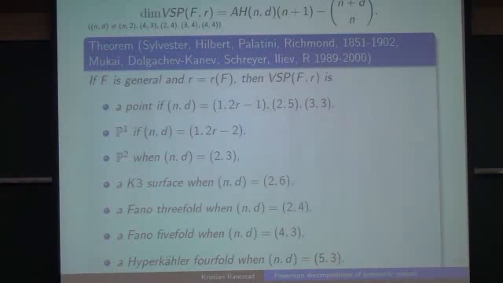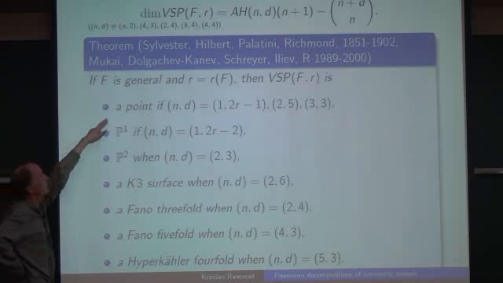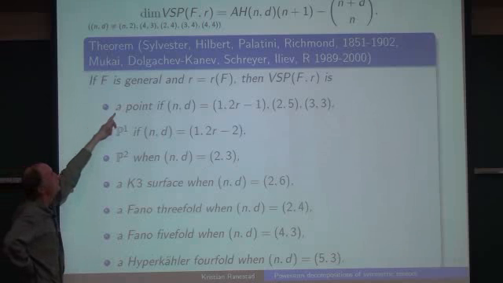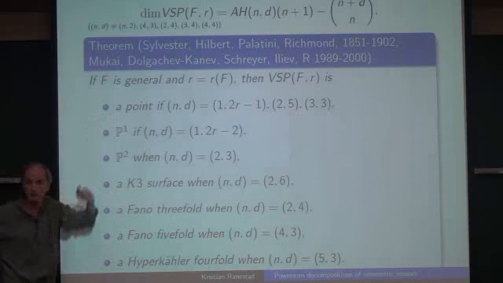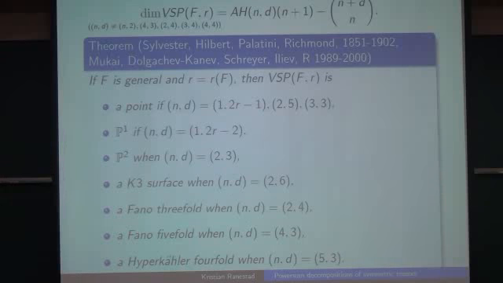So in the first case here, when I say that this VSP is a point, it simply means that the general form with this degree and number of variables has a unique presentation as a sum of these powers. There's a unique way of doing it.